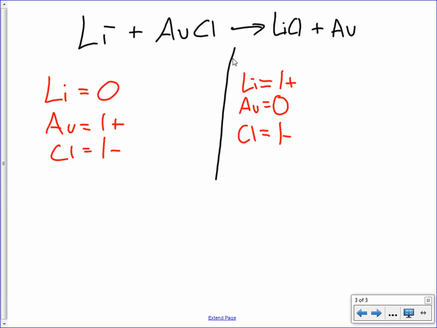Now we need to look at what was oxidized and what was reduced. So to figure out what was oxidized, you see which element increased in charge, basically. Here it's lithium, from a 0 to a positive 1. So we'll say lithium was oxidized. Okay?